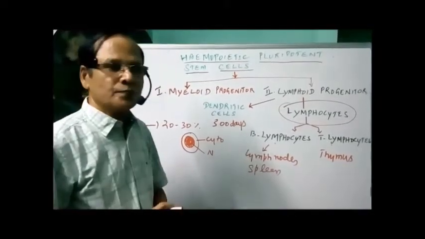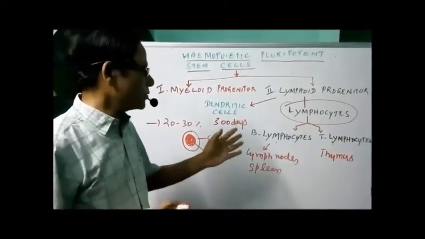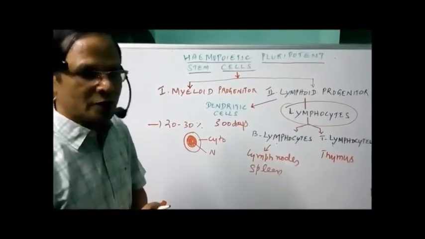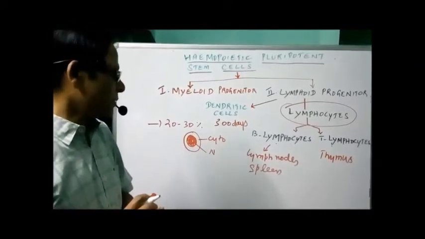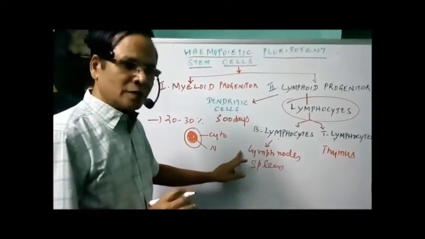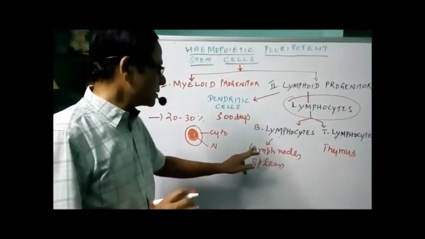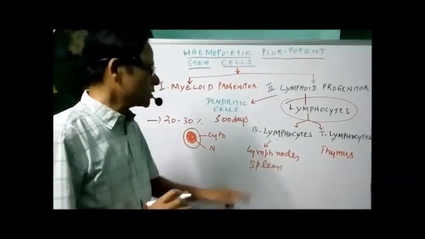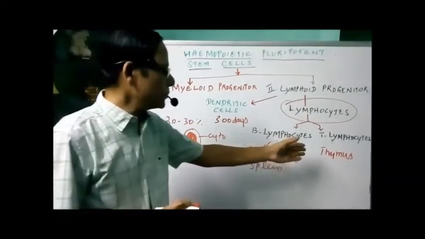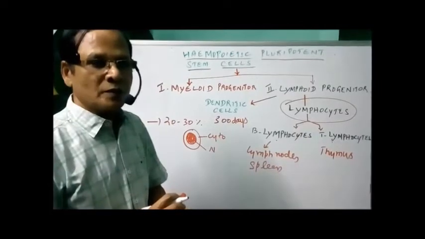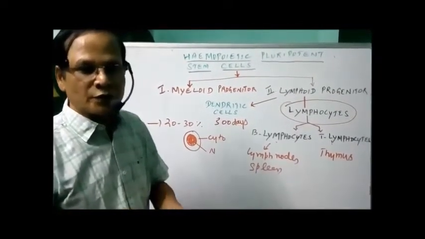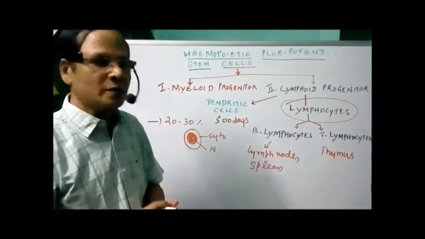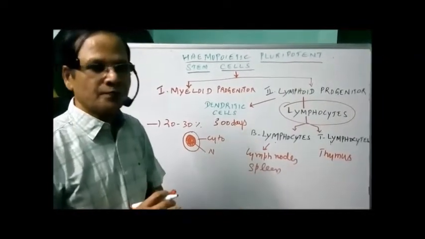B lymphocytes: production and maturation in the bone marrow. T lymphocytes: production in the bone marrow and maturation in the thymus gland. Some remain in the blood, others accumulate in the lymph nodes and spleen. Likewise, after maturation in the thymus gland, T cells are transported to peripheral lymphoid organs like the lymph nodes and spleen, as in the case of B lymphocytes.